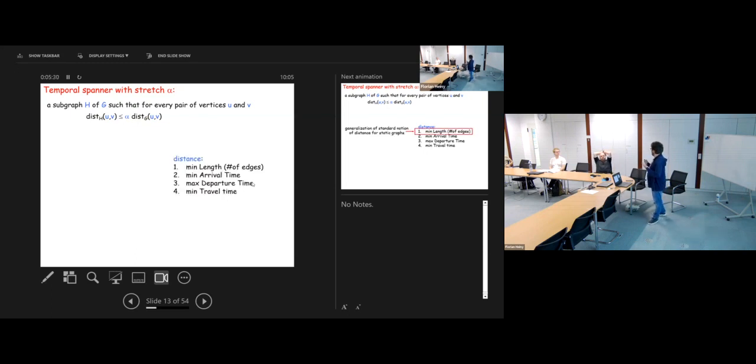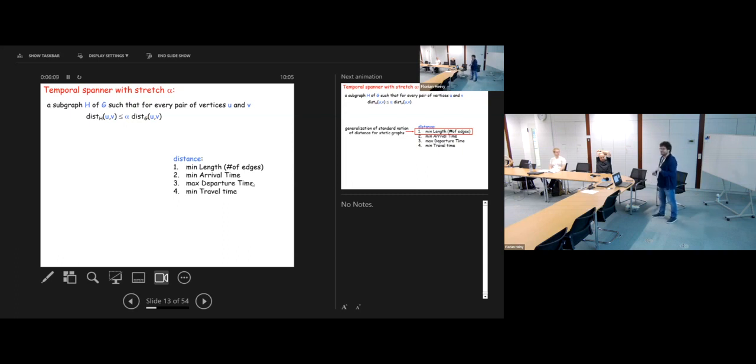There are several natural ways to define the notion of shortest path and so distances. These are a few of the most common ones. For instance, a temporal path could be defined to be a shortest path if it minimizes its length, defined in terms of edges, or it has minimum arrival time, or maximum departure time, or minimum travel time, which is defined to be the difference between the arrival time and the departure time.